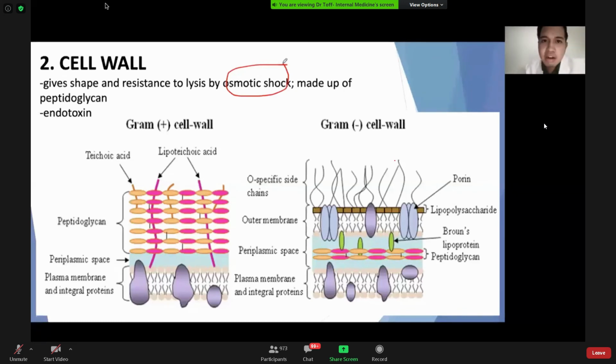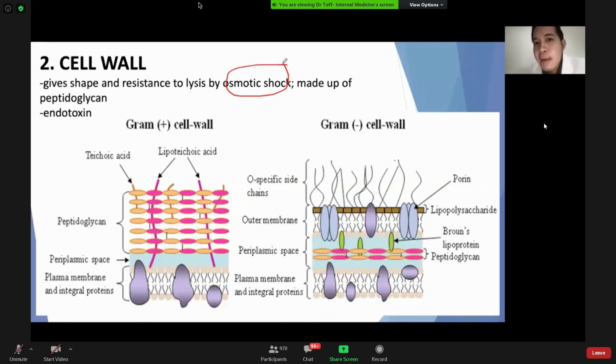Remember that all bacteria contain a cell wall except for Mycoplasma pneumoniae, which is a cell wall-less bacteria. Ito po yung nagko-contribute sa strength and survival of the bacteria. And we can generally classify bacteria as gram-positive or gram-negative based on the characteristic of their cell wall.